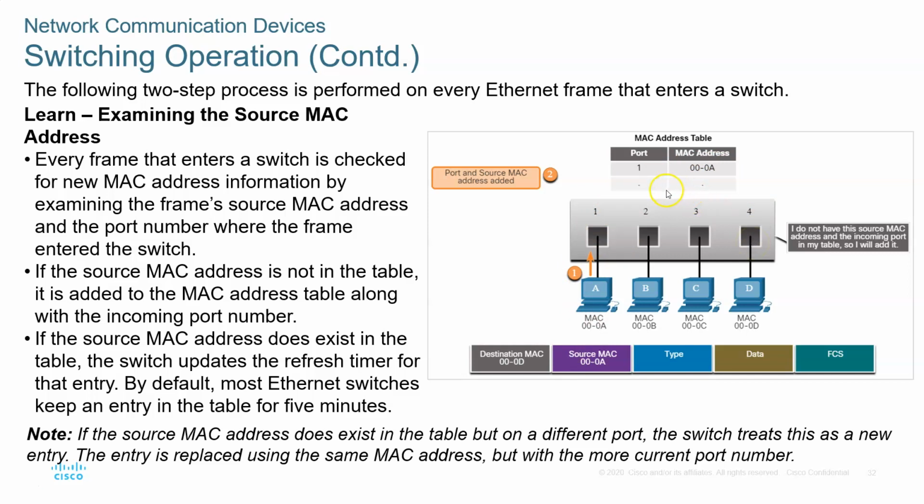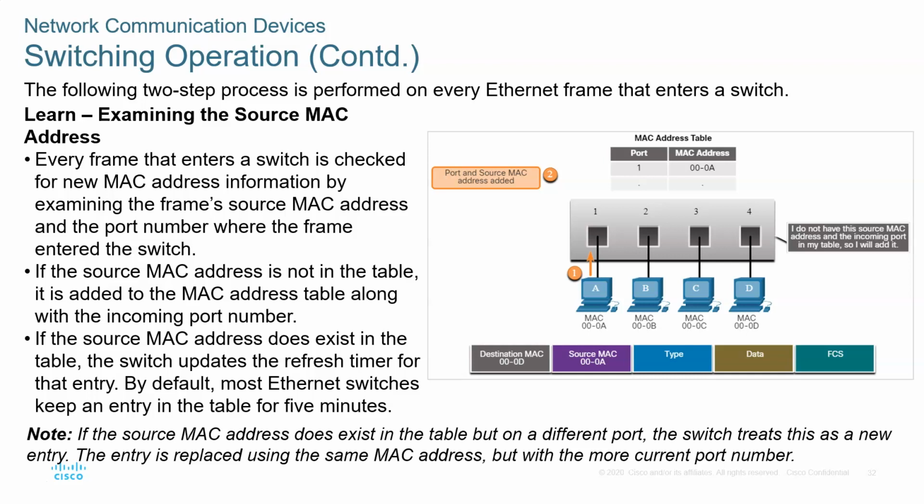See that? By learning the source MAC address of an incoming frame, the switch populates its MAC address table. So write this down in addition to all of this. By examining the source MAC address of an incoming frame, the switch will populate the MAC address table.